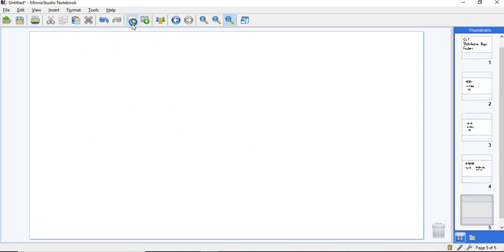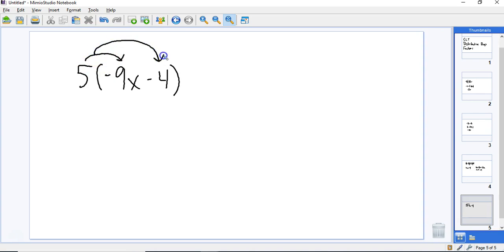Next problem. So now we're moving into the distributive property. We've got 5 and then parentheses negative 9x minus 4. So what we want to do is distribute the 5 to the negative 9x and then to the negative 4.